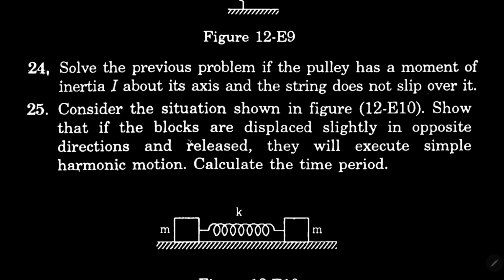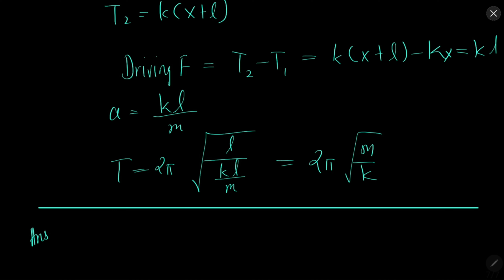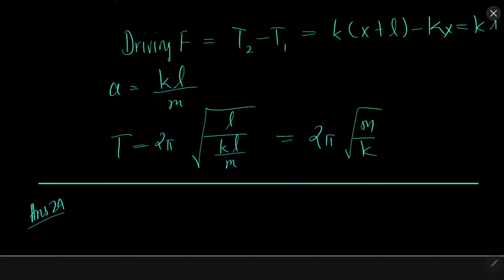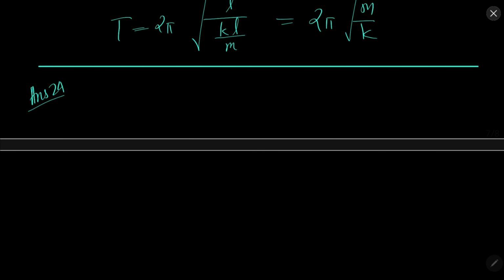In question 24, we need to solve the previous problem if the pulley has a moment of inertia I about its axis and the string does not slip. Solution 24. So x will be mg over k.